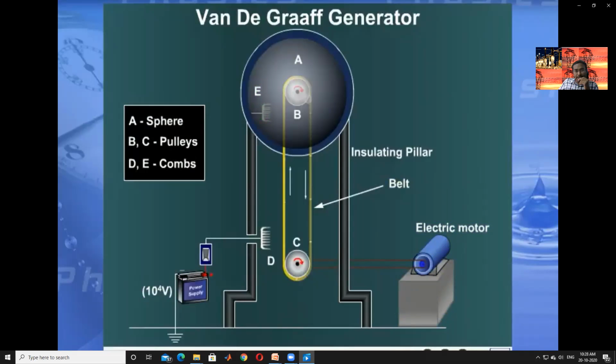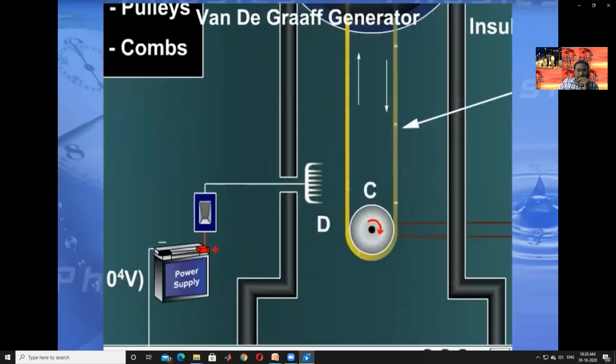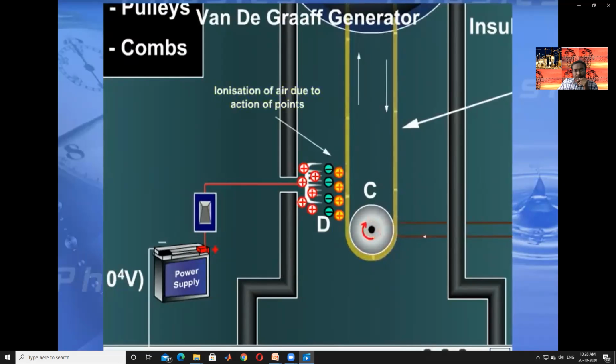Working of the Van de Graaff generator. The comb D is connected to the battery of high voltage potential. The high potential from the battery ionizes the air near the comb D. That is, the air molecules are separated into electrons and positive ions.